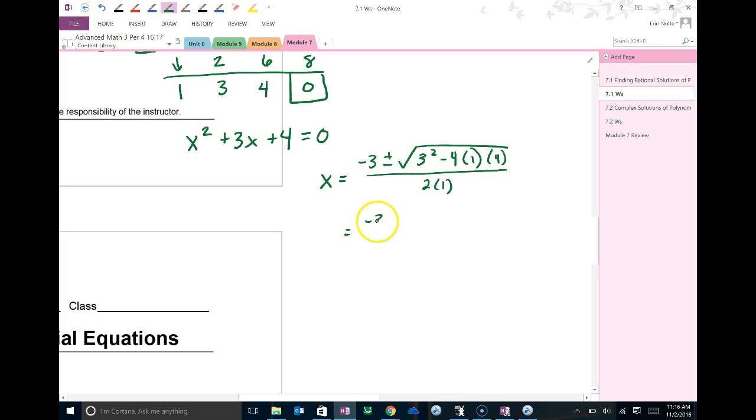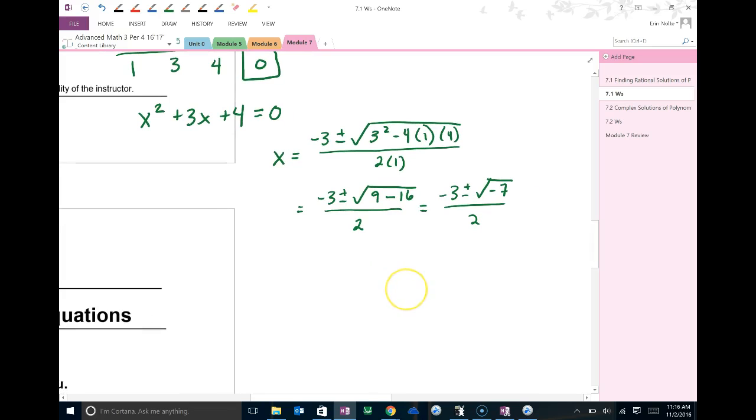So I get negative 3 plus or minus, let's see, 9 minus 16 on the inside. What's 9 minus 16? Negative 7. So when I get a negative underneath the square root, what kind of solution am I finding? Imaginary solutions.